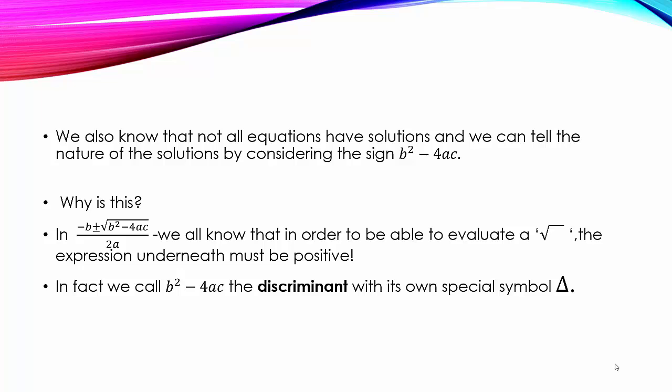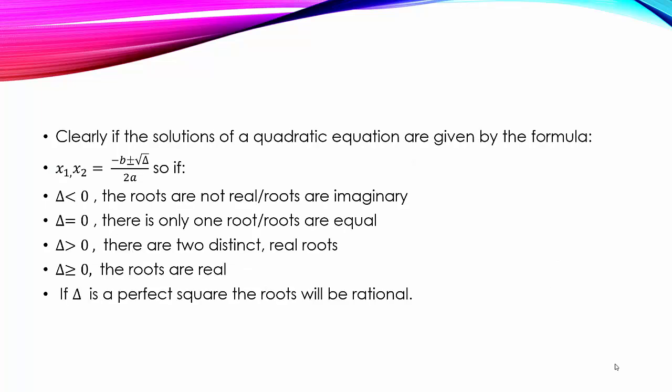I know we talked about this already last year, but let's have another look at this. So, clearly, the solutions of a quadratic equation can be given by the quadratic formula, and I've rewritten it as minus b plus or minus the square root of delta over 2a.